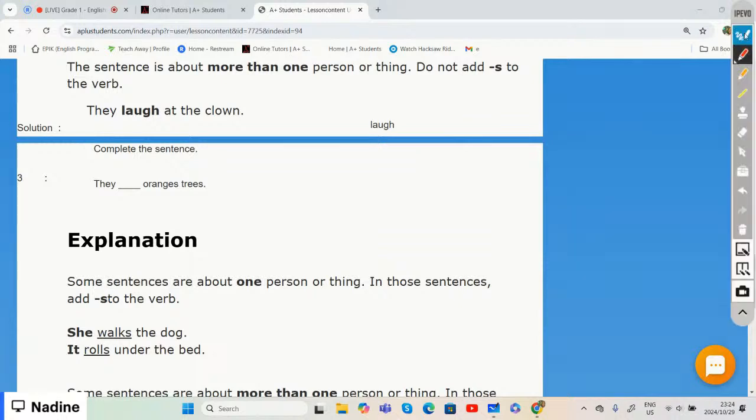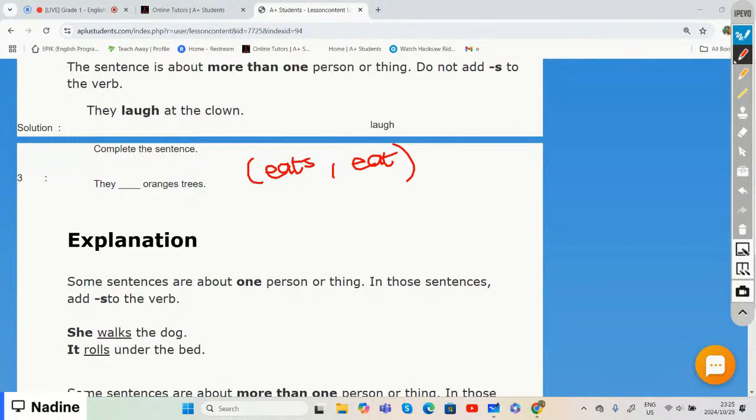They, it's more than one person. Do we say they eats an orange or do we say they eat an orange? Which one is correct?